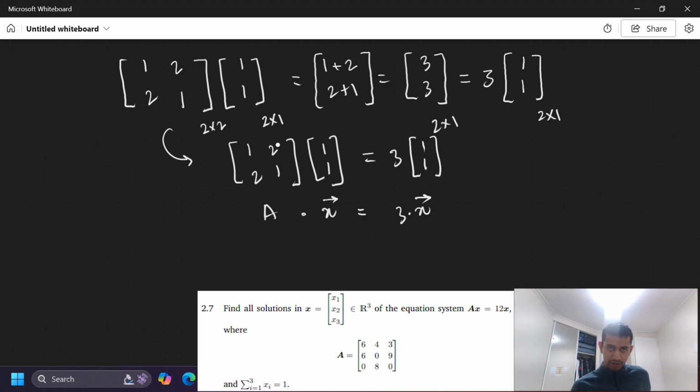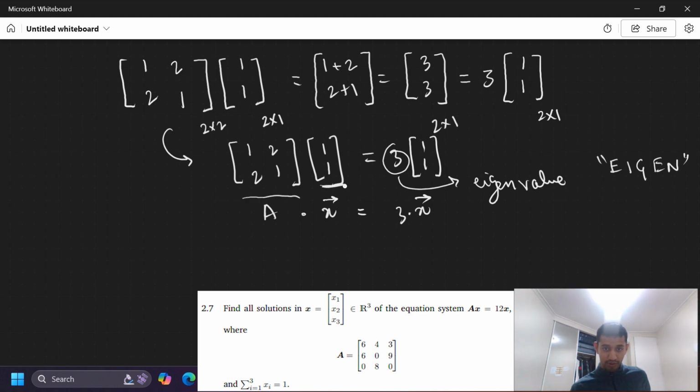Whenever we have a square matrix multiplied by a vector, and the result is that vector itself multiplied by some scalar, then this scalar is called an eigenvalue, E-I-G-E-N, for this matrix. And this vector would be called an eigenvector.